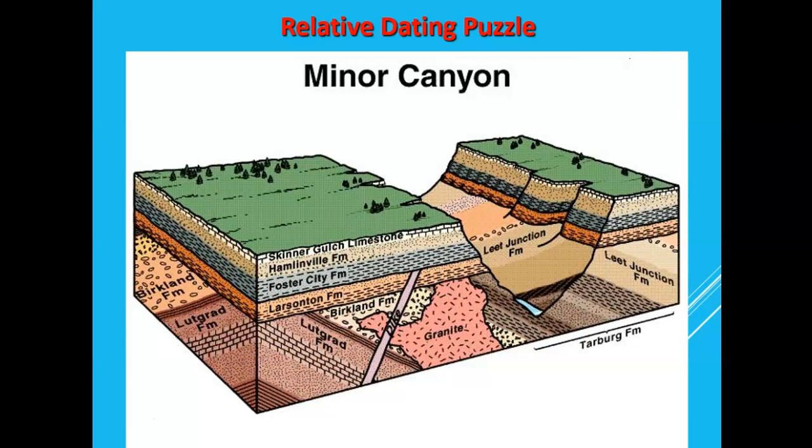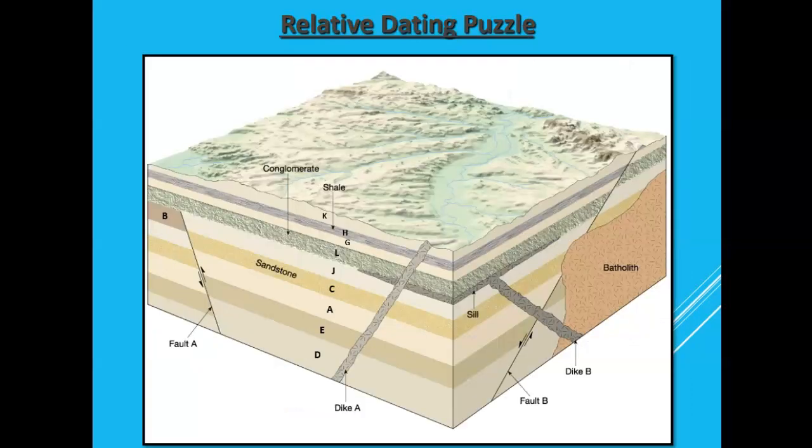All right, so this is what we'd expect you to be able to do. Now this one's a little crazy, and even this last one that I want you to practice on is a little complicated, but if you adhere to the rules, right? So superposition, old on the bottom, cross-cutting relationships, bake zones. These are the keys to helping you put things together.